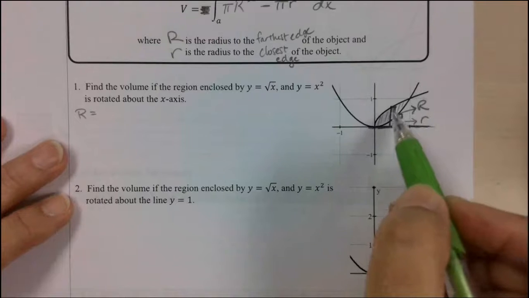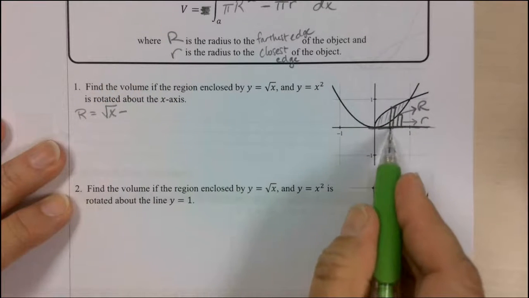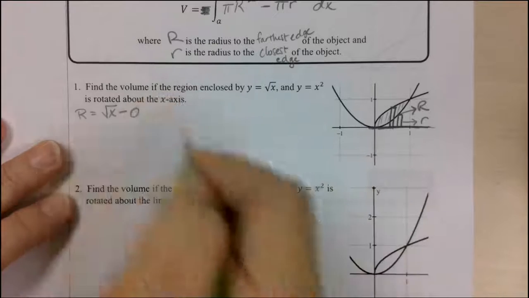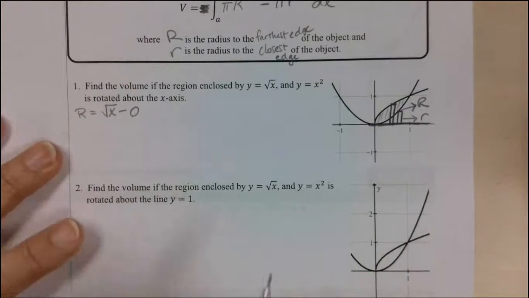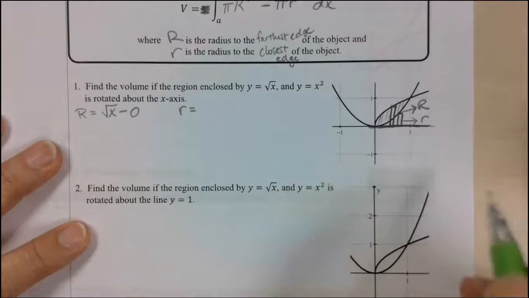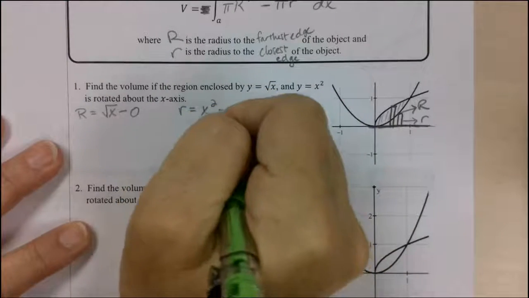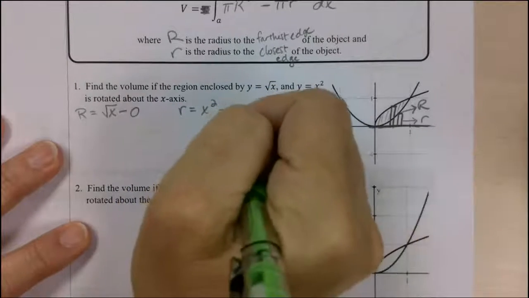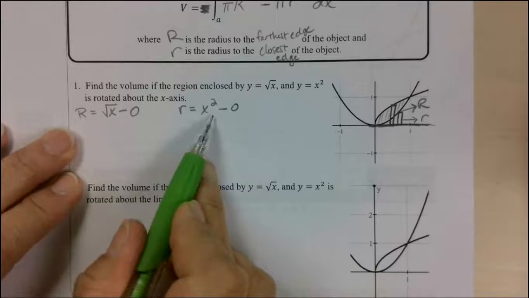My big R, the top of that radius is the square root of x, and the bottom, in this case, since we're just at the x-axis, is 0. You don't have to write that, but I'm going to go ahead and write it just to build that habit that we're doing top minus bottom. For the little r, its top is at x squared, and its bottom is also at the axis of rotation, which is 0. So now I've got my big R and my little r.